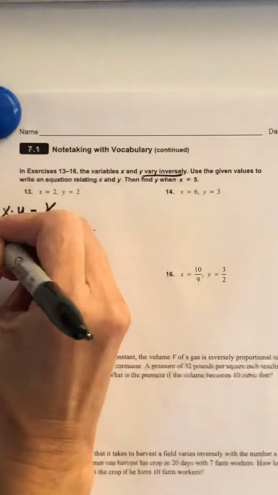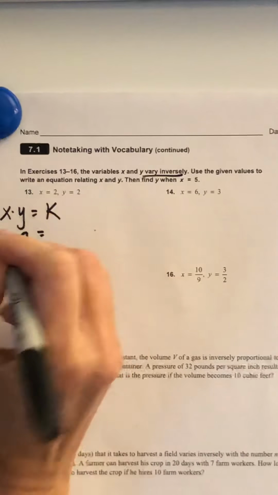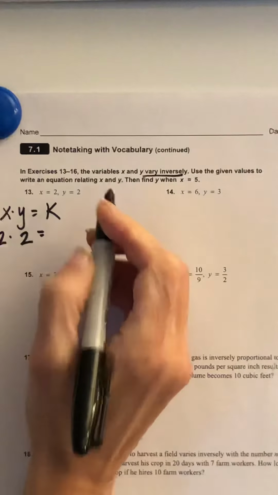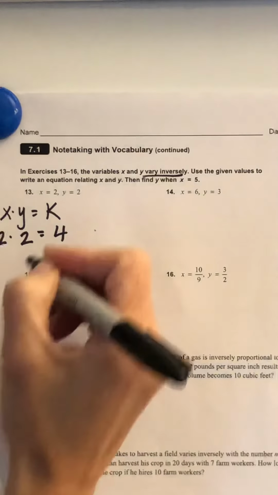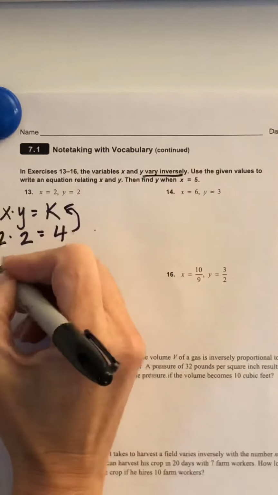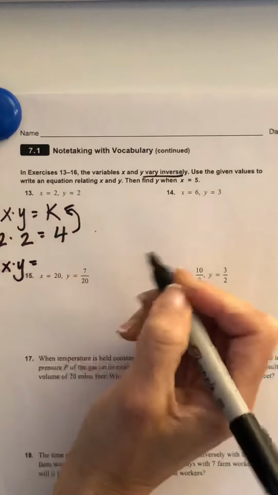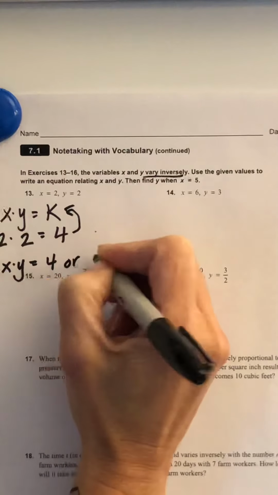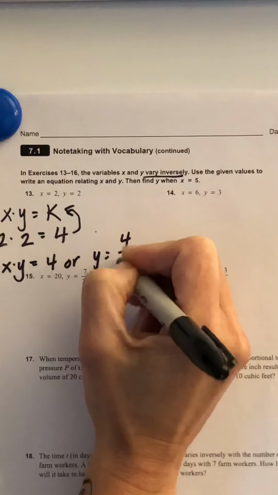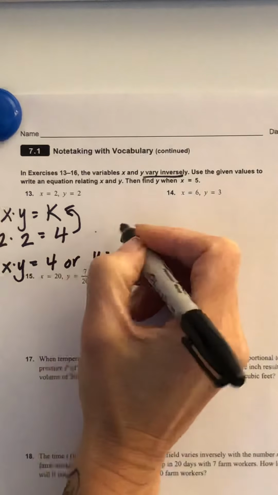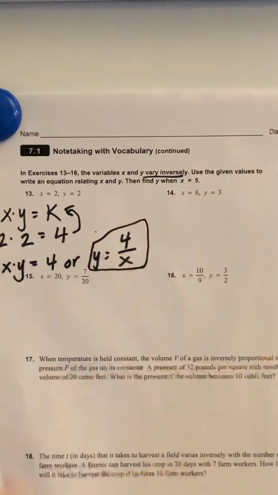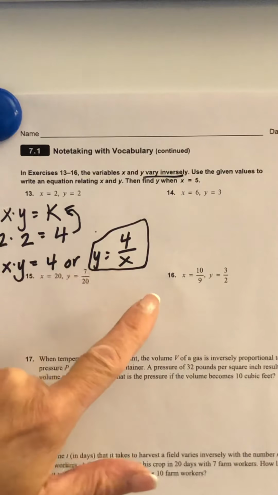I'm going to plug in 2 and 2 because x is 2 and y is 2, so I get k is 4. K being 4, I'm going to plug that in there, so my equation is x times y equals 4, or y equals 4 over x. That is writing the equation. When it asks you to write an equation, your final answer should have a y and an x in it.